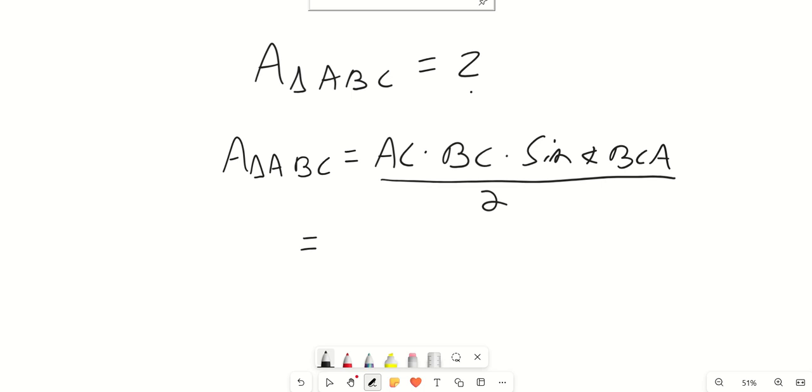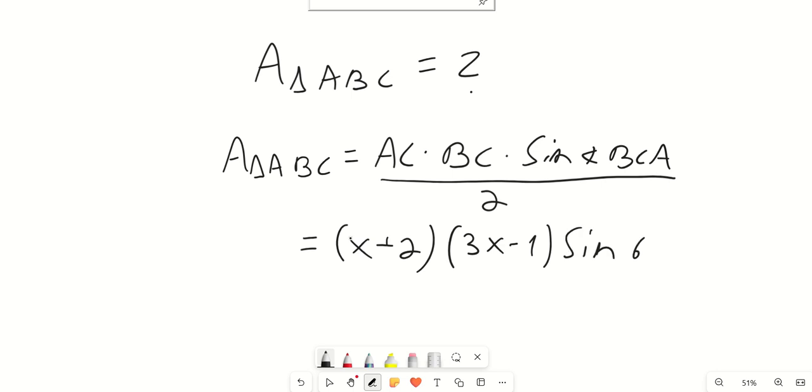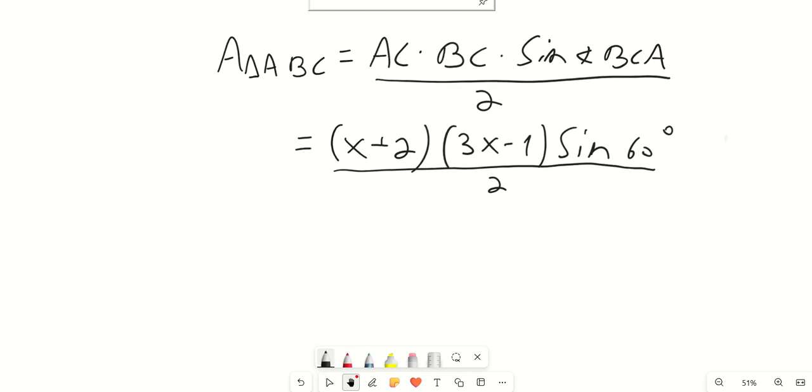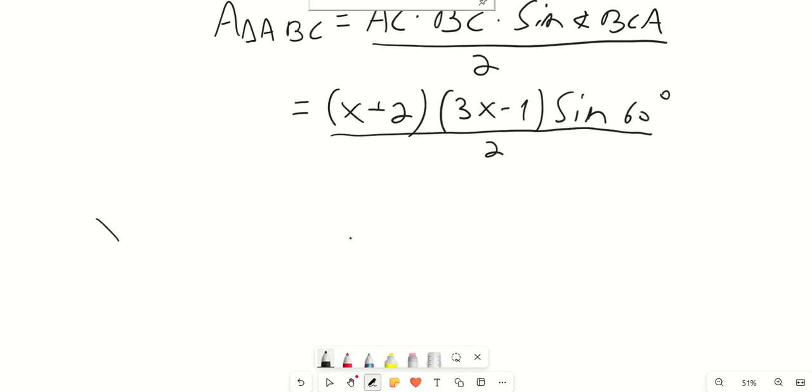So first of all, AC and BC are x terms. AC is x plus 2, BC is 3x minus 1, and we have here the sine of 60 degrees divided by 2. And we know that x equals 3. This is what we found in C1. Then I get here 5 times 8.